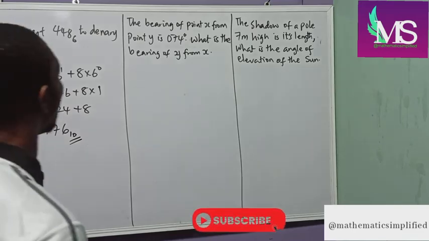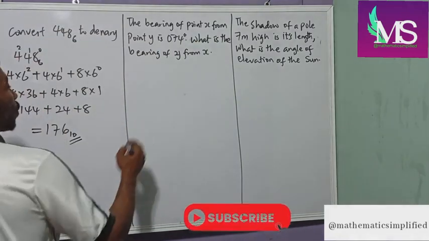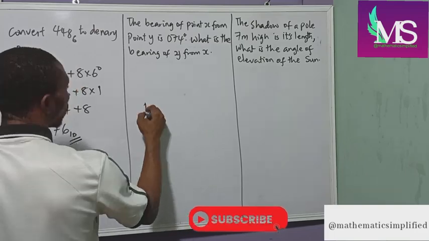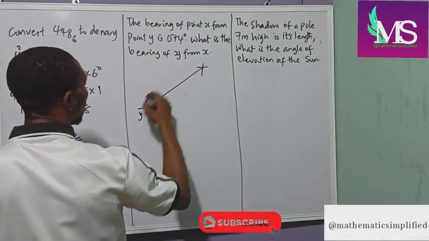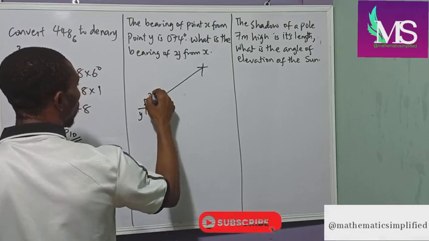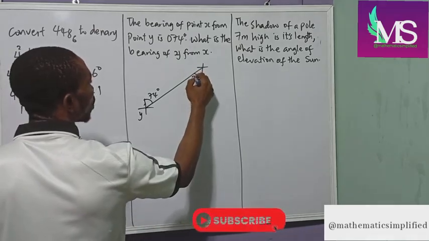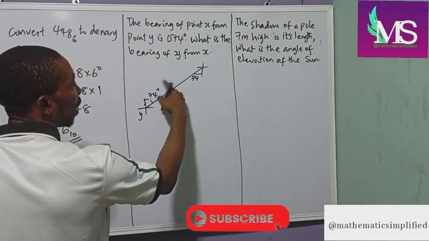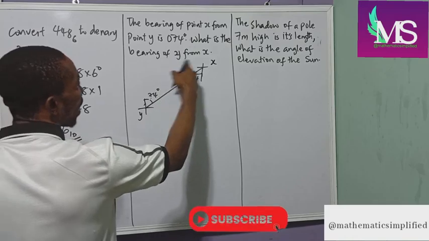Now, our next question says the bearing of point X from point Y is 74 degrees. From point Y here, the bearing to X is 74 degrees. If this is 74 degrees, that means here is also 74 degrees. Why? Alternate angles. Now, this is point X. They ask, what is the bearing of Y from X?